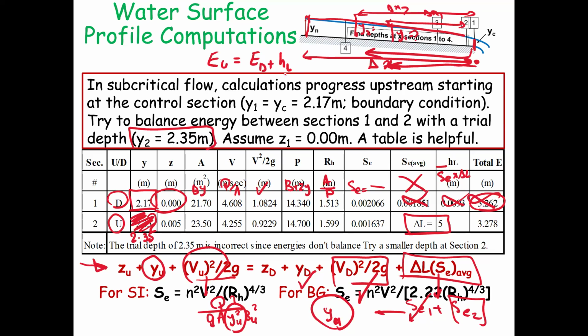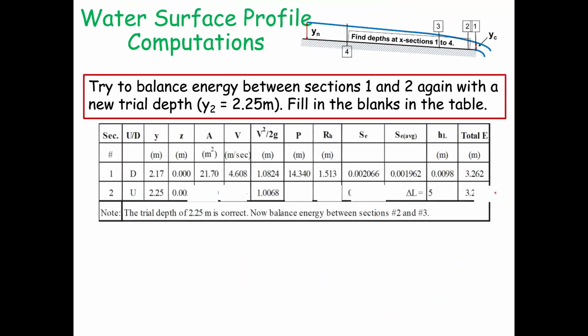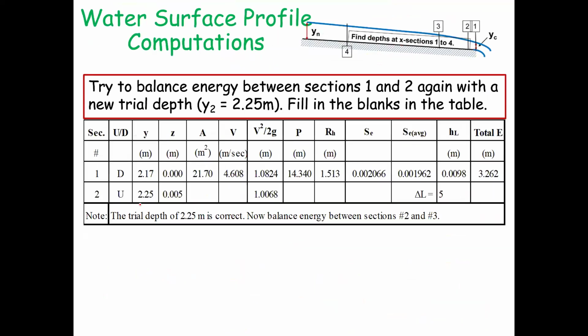Start trying different numbers. If you look at that, it starts from 2.35 and says that it is incorrect. Why? Because it doesn't give me the same energy for both points. For the next slide, it uses 2.25. And this time when it goes for the calculation, it ends up at this number, which is correct this time.